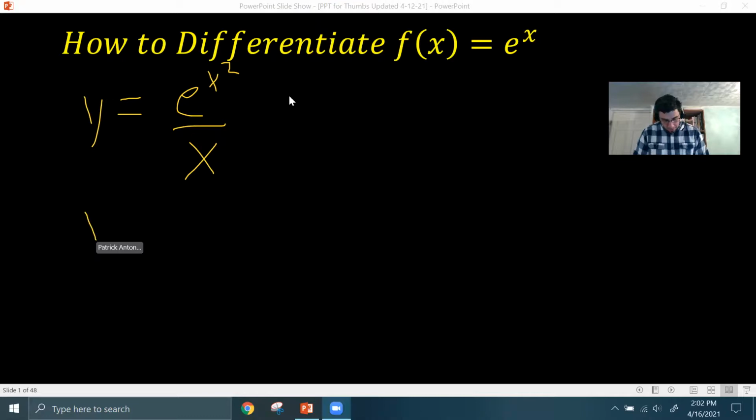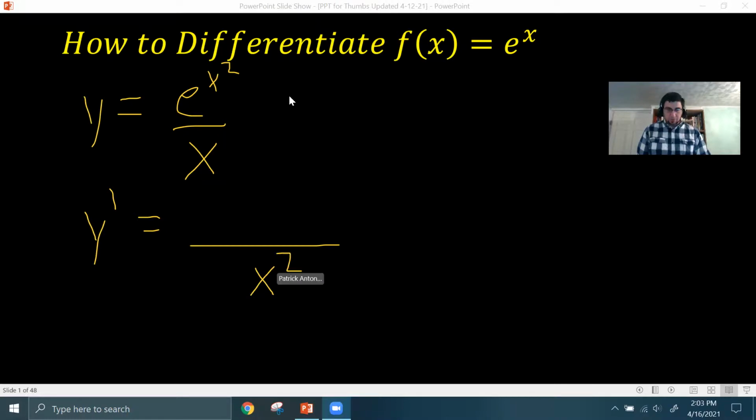So the quotient rule is more strict, if you will, on how it works, because it's always the denominator squared. And again, students often mistakenly think that the quotient rule is the same as the product rule, just with a subtraction sign, but it's not. A lot of times students will forget the denominator.